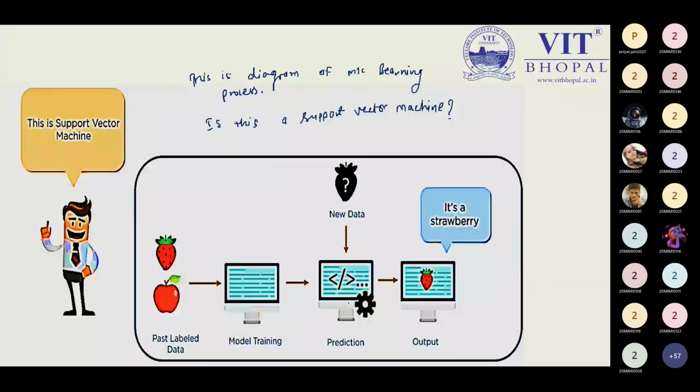Any algorithm we use is supported by machine learning approaches and follows the machine learning process. So this is not itself a support vector machine, we can't say that right now, but this is a question we should have in our mind. I have already written it here, so from this point we have to start.